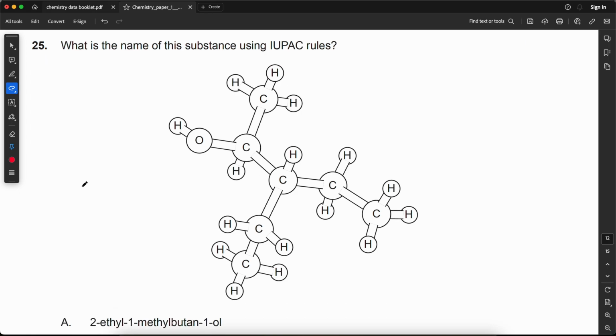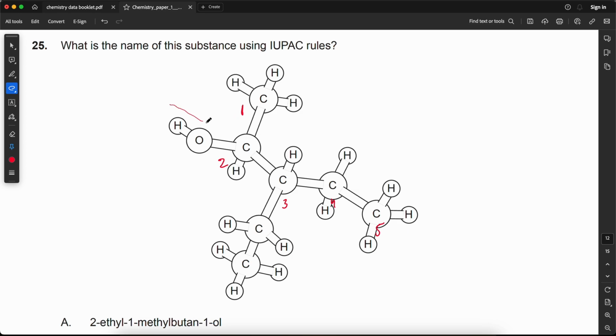What is the name of this substance using IUPAC rules? If I check which one is the longest chain, 1 2 3 4 5, 1 2 3 4 5, 1 2 3 4 5, they're the same. So I would just use 1 2 3 4 5. Why from this side, not from this side?